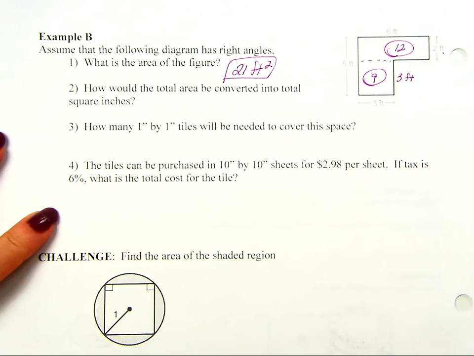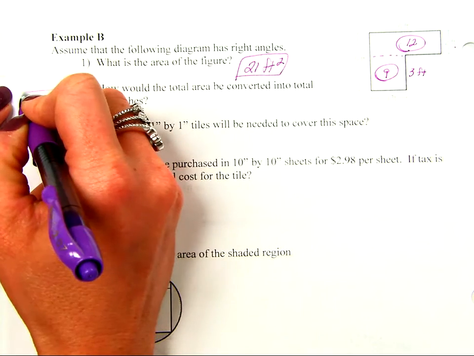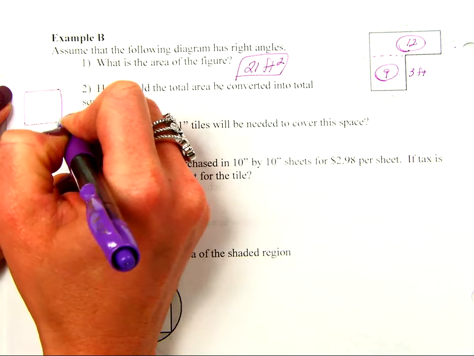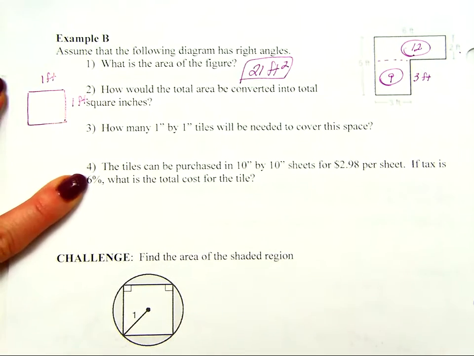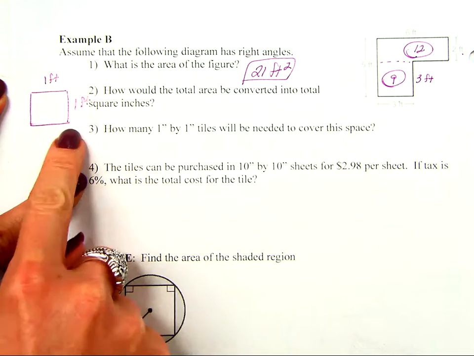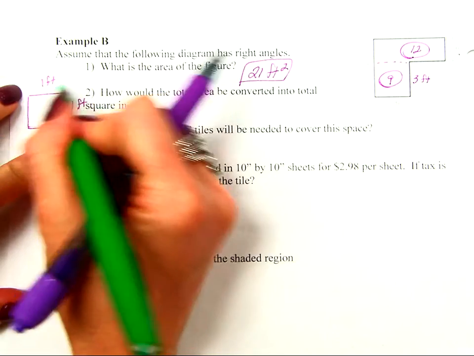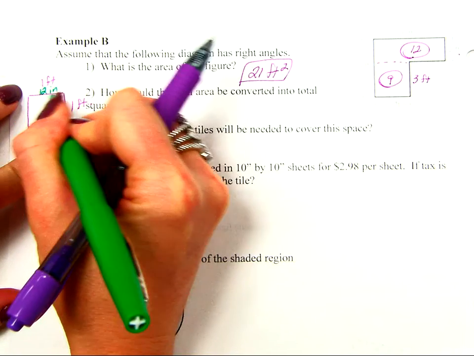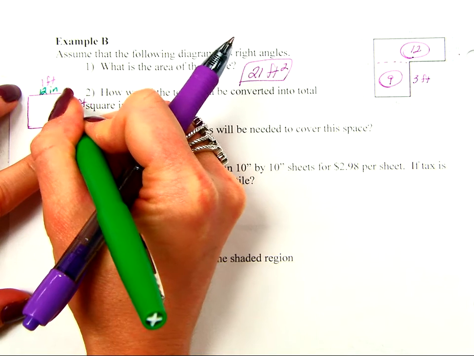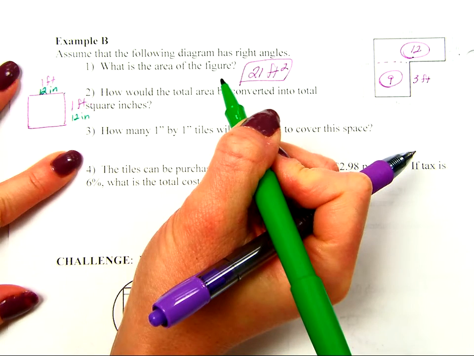If I had a square foot, I'm going to sketch over here. One square foot would be 1 foot by 1 foot. How many inches would that be? Well, we know that in 1 foot there's 12 inches. So there would be 12 inches going this way and 12 inches going this way.